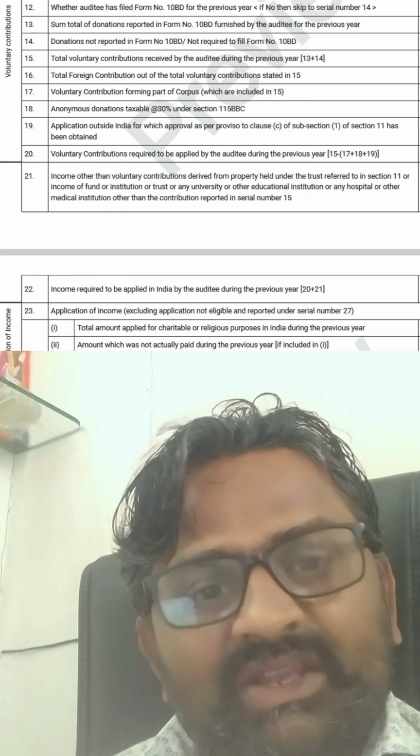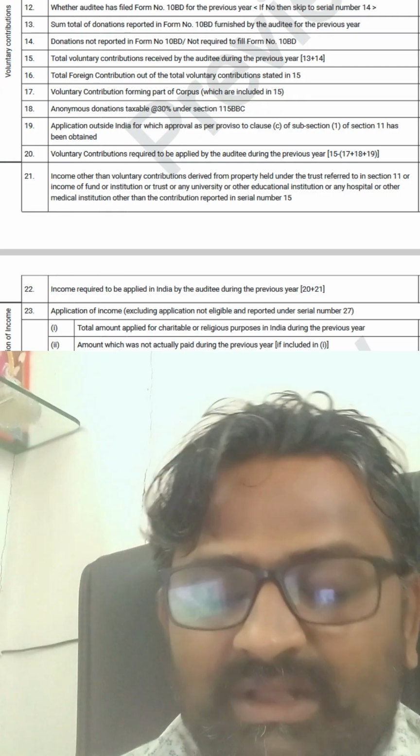In that donation, you are supposed to choose whether the donation is reported under form 10BD or not required to be filed under 10BD.